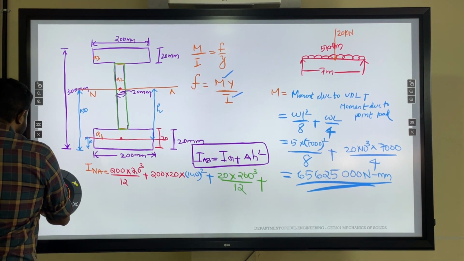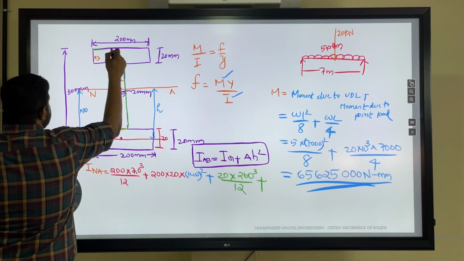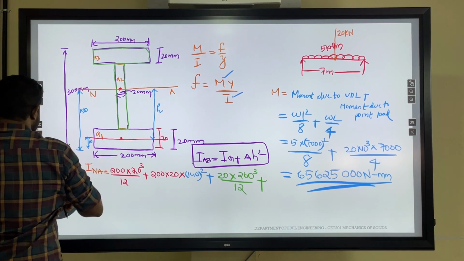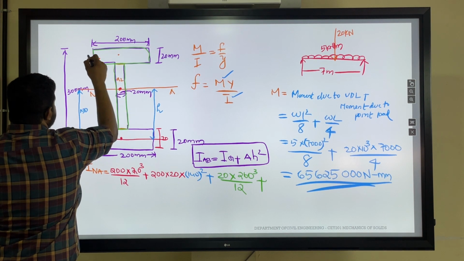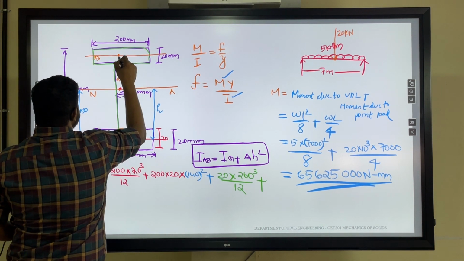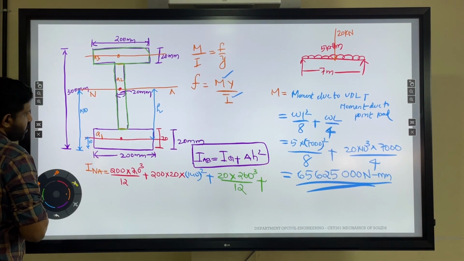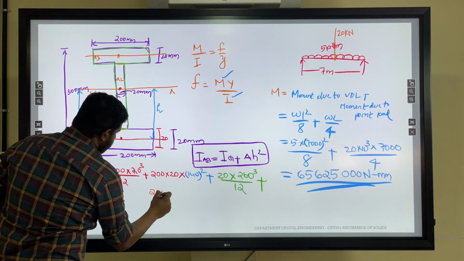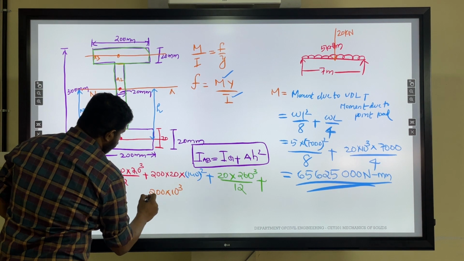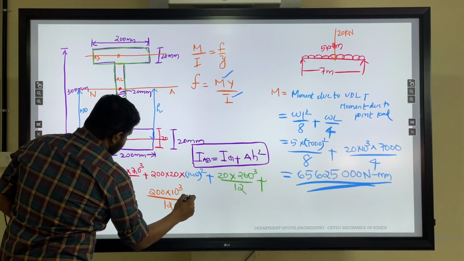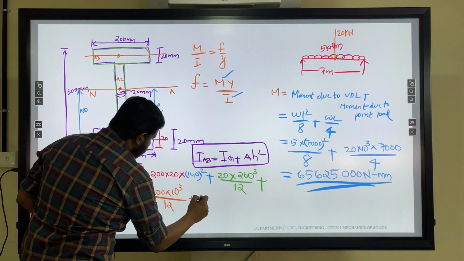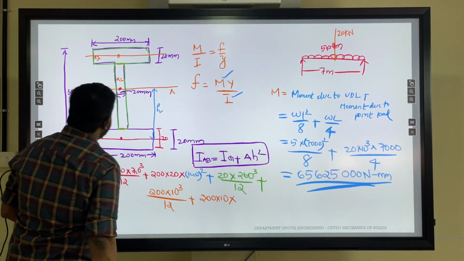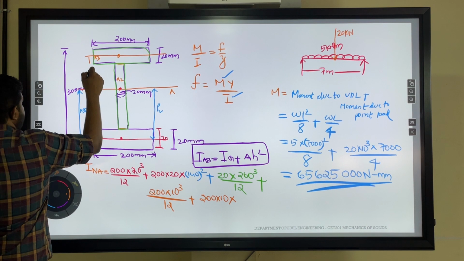For the third section, we consider this section only. This is the centroidal axis for that section. So the moment of inertia will be b d cubed by 12 again, that is 200 into 10 cubed divided by 12, plus area, again 200 into 10, into h squared. Here also this will be h.